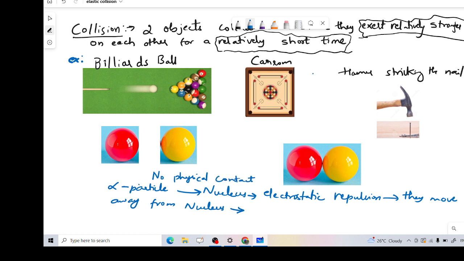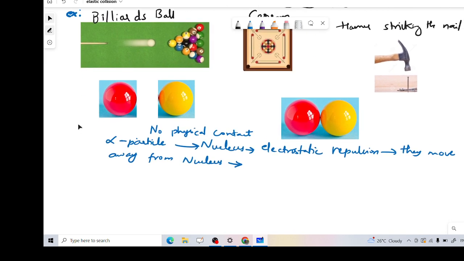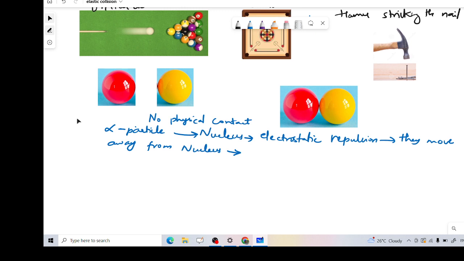The main thing is that we need to understand the forces involved in the collision. We can obtain this only by knowing the status of the objects, that is, the position of the objects after the collision.